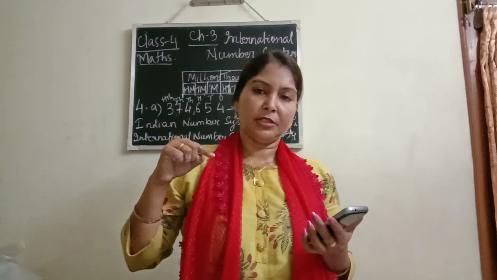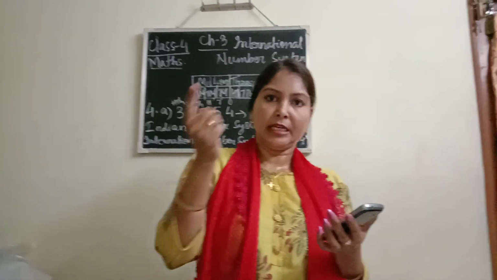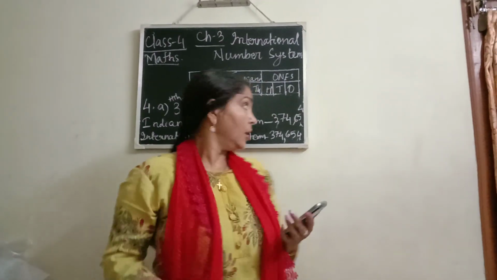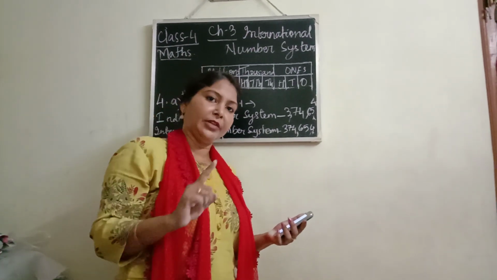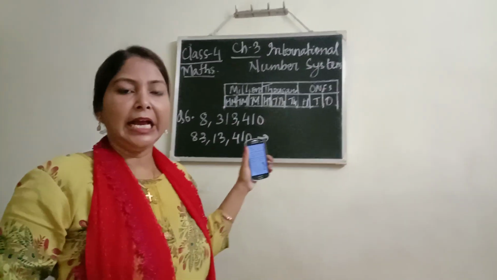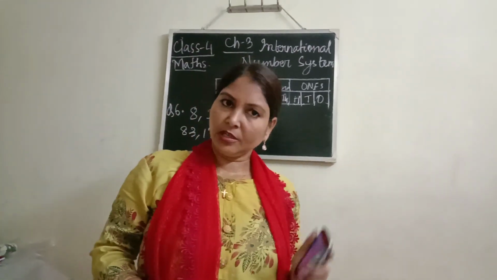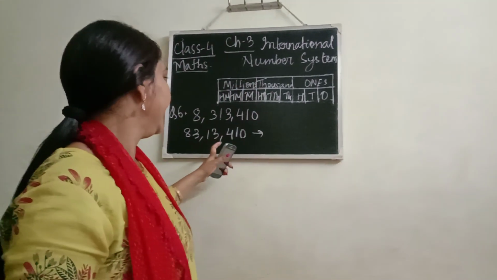And in question number 6, you have been given numbers in the international number system, and you have to write them in the Indian number system. So I will do only question number 6 for you, and then the rest you can do by yourself.